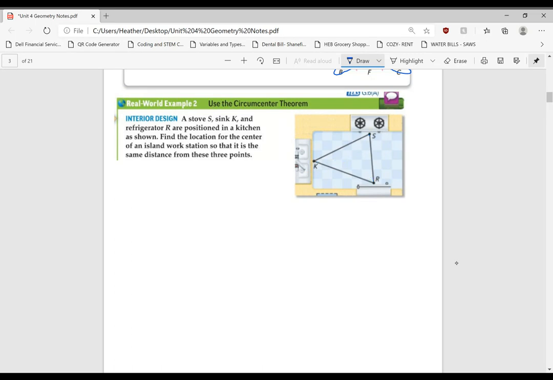I drew them from the angles, but I'm supposed to be drawing them from the sides, because remember they are perpendicular bisectors, so they form 90-degree angles. So the distance from each of these segments that were divided is the same. Since I don't have a ruler, I'm not able to find the exact distance, so it's okay if we just look at the diagram. So C, about right there, is where the island would go.